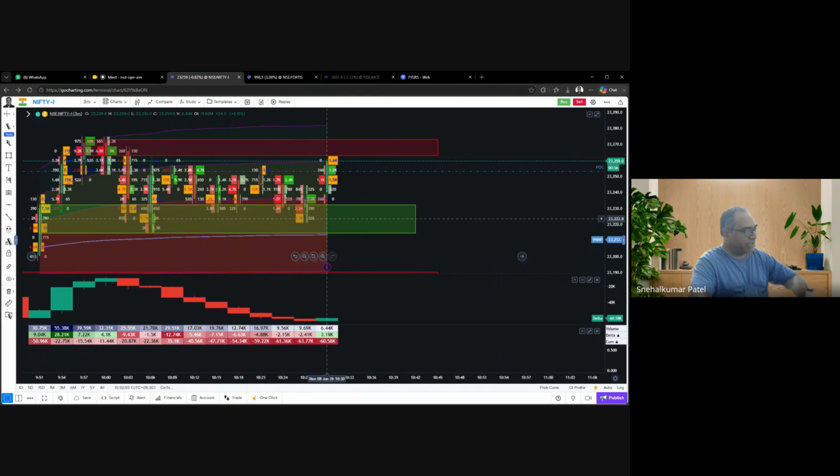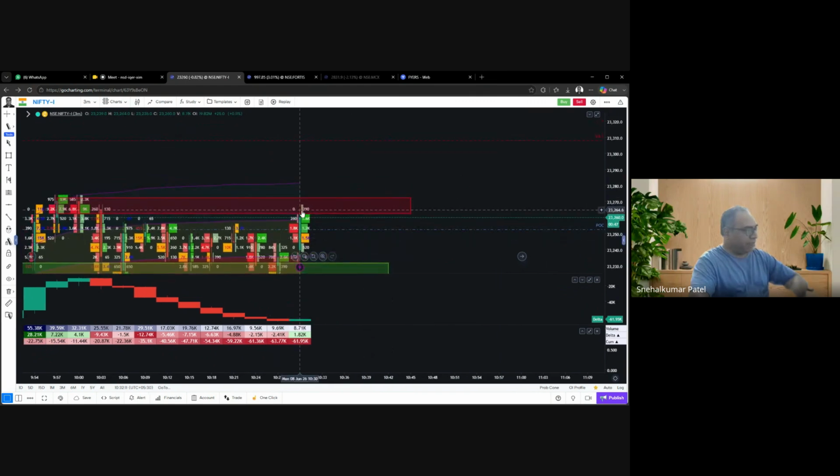It would be down here or here. These are the swing lows. It's an unfavorable risk reward ratio. If the price breaks above this level, pulls back, then you can take a trade with a stop loss around the POC. Your risk reward ratio would be favorable.